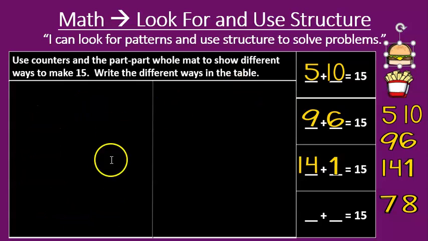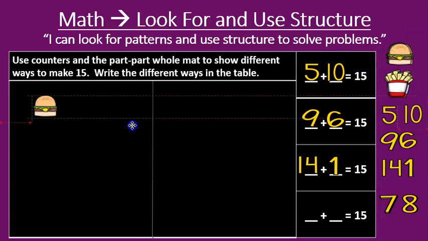Let's put 7 here, okay? 7 hamburgers will go here. And I can use 7 because 7 is not bigger than 15, okay? Watch, I'm going to put 7 hamburgers here, okay?